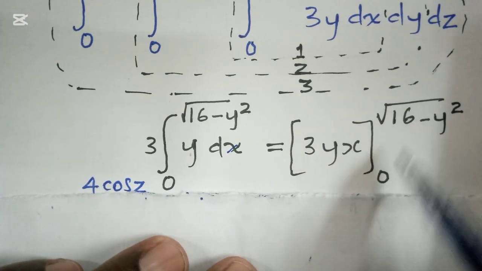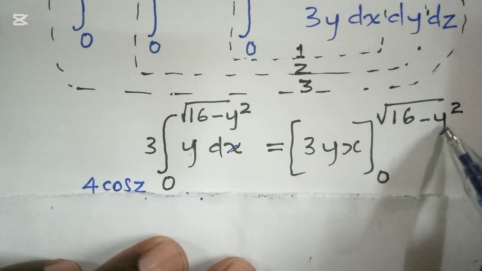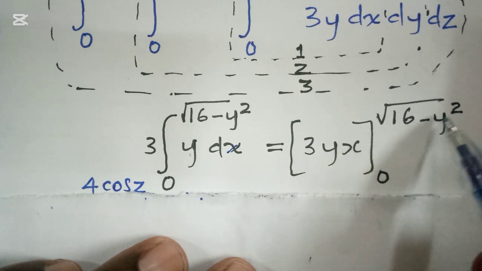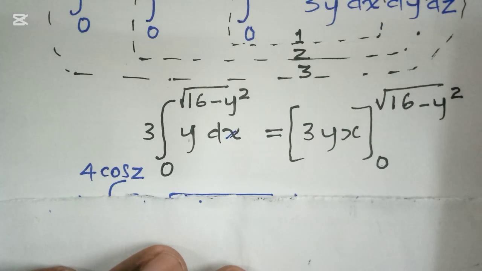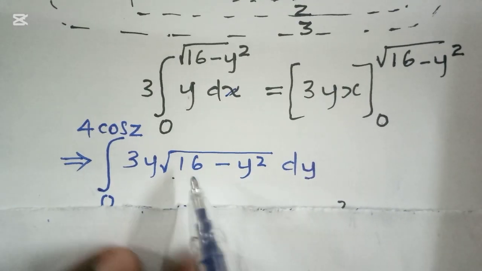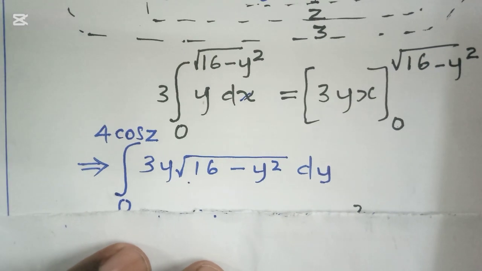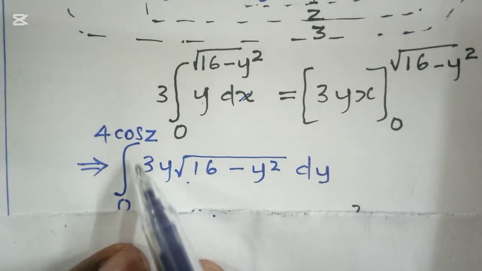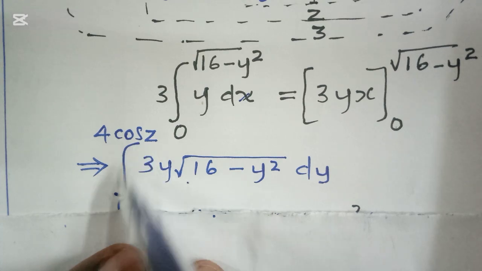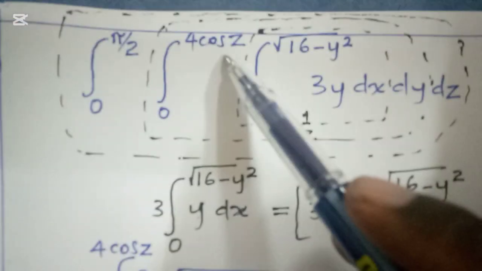Guys, we come and now replace for the limits. Replace with the 0, this becomes 0. Replace that, we are going to have 3y times the square root, and this is what we have already done here. After I have replaced, guys, I can now do the second integration. That is from 0 to 4 cos z.